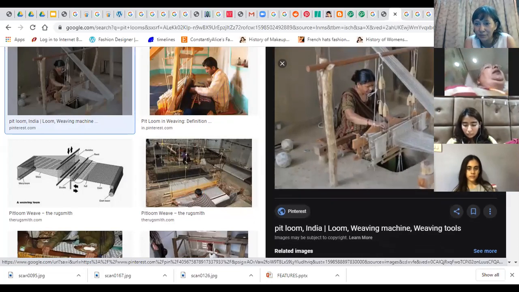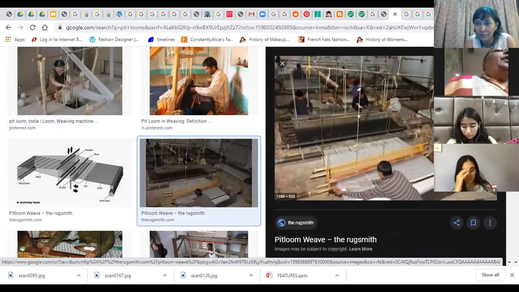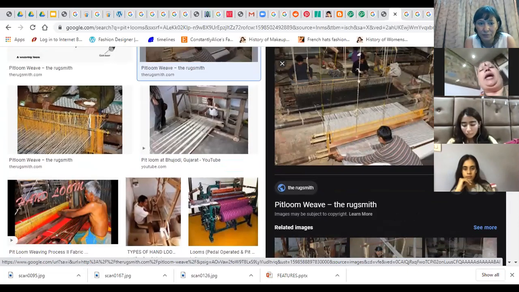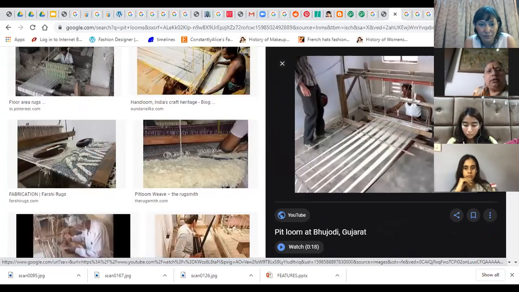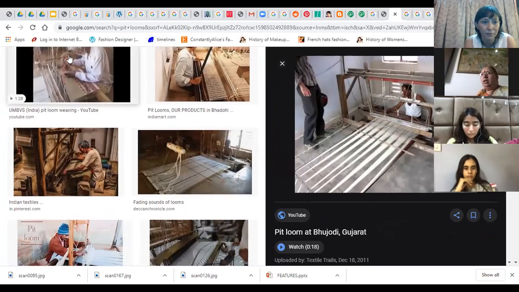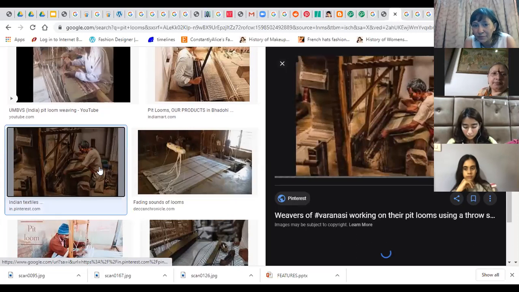There is a particular specification of a pit loom, so she is weaving it on the pit loom. There are different advantages when you use different kinds of looms. For example, when you want to move around while weaving, then you will have a back strap loom, where a strap is put across the back, and that is where the warp is attached.